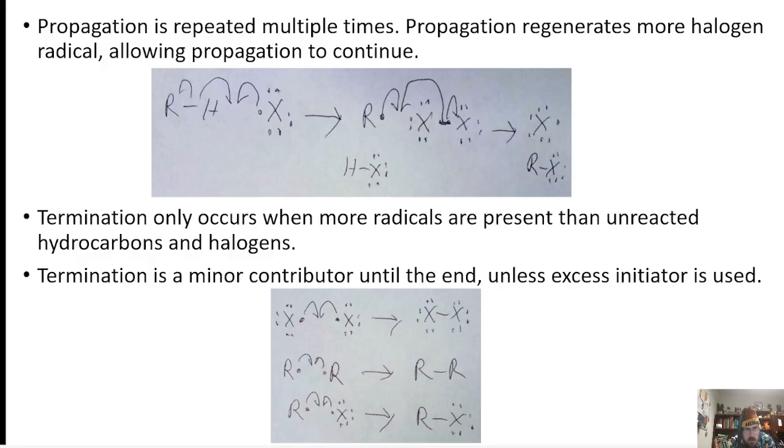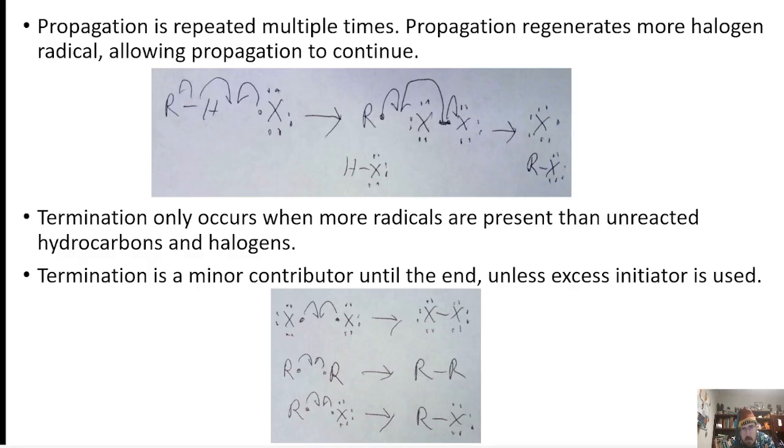The halogen strips off the hydrogen, creating an alkane radical. And that alkane radical can then react with unreacted halogen. And thus it regenerates the halogen radical.